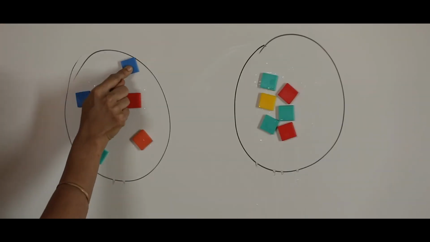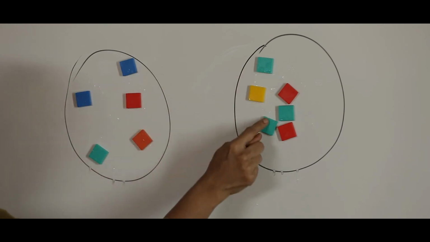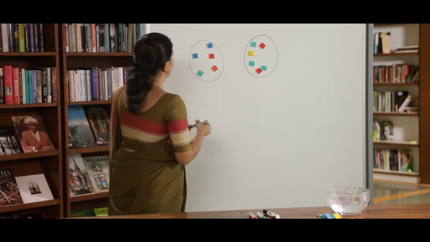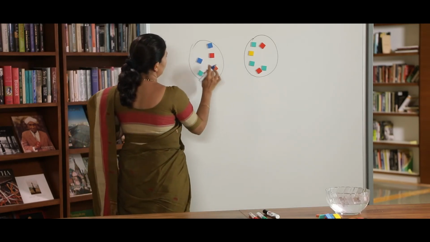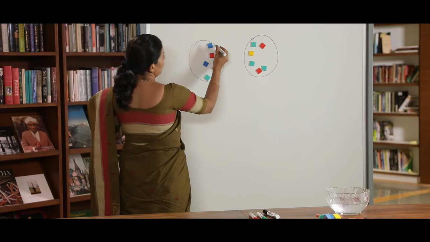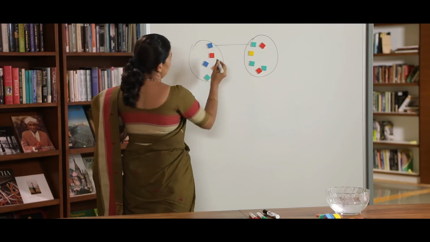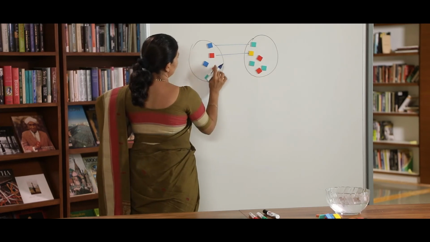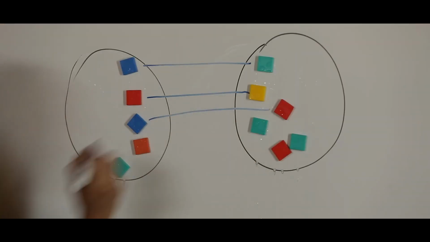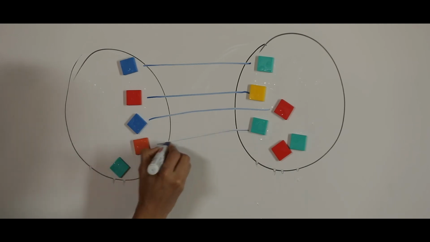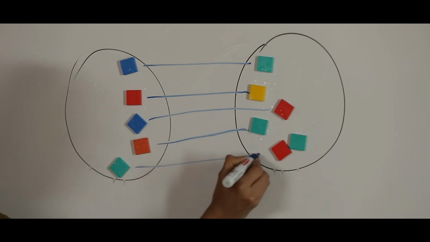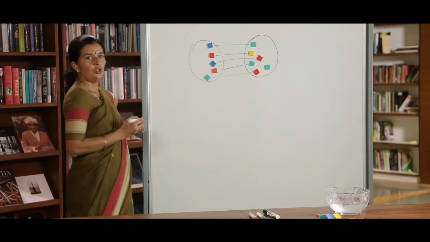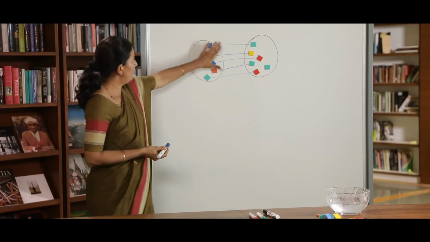How? This is one. Let us place these far from each other. Let us compare one from this group with one from the other group. Like this, keep matching each one. This one does not have any square counter to match.